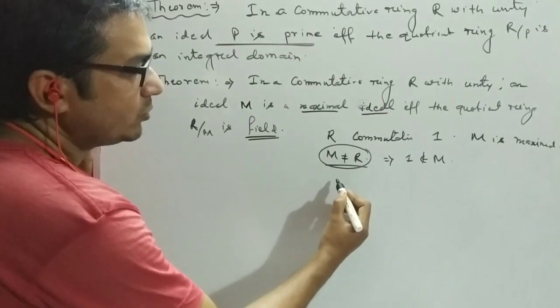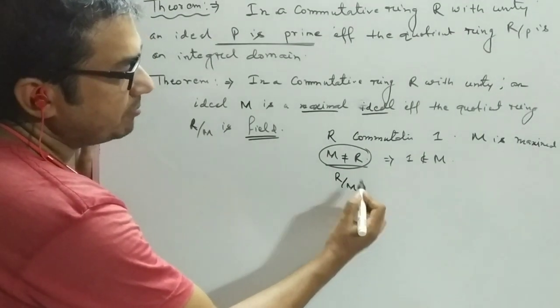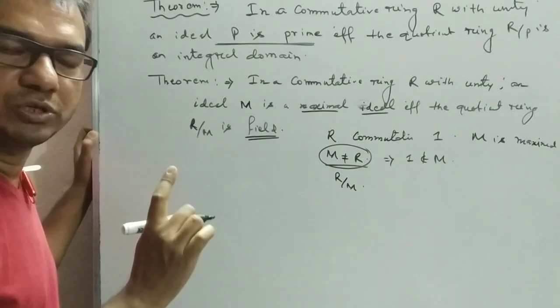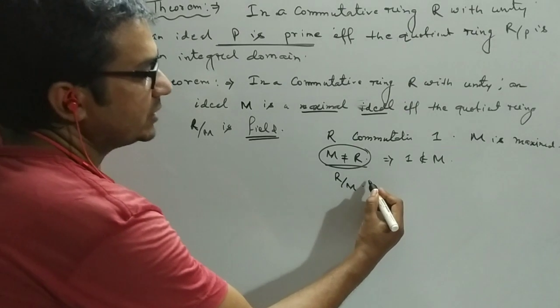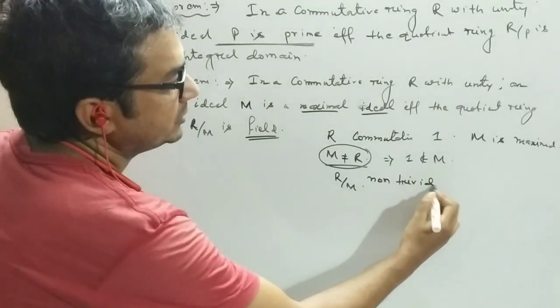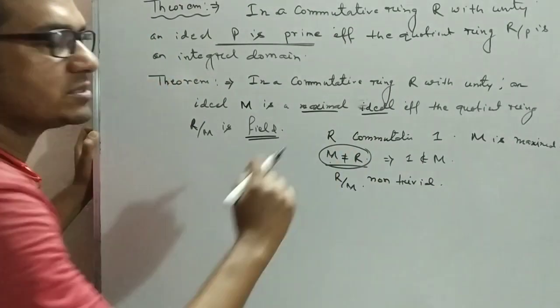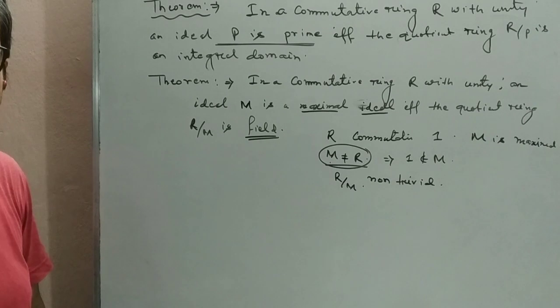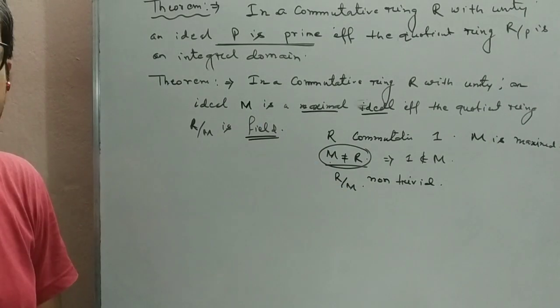And from here we say that the quotient ring R/M must not be trivial, that is, it is non-trivial. If M equals R, then R/M is the trivial quotient ring.